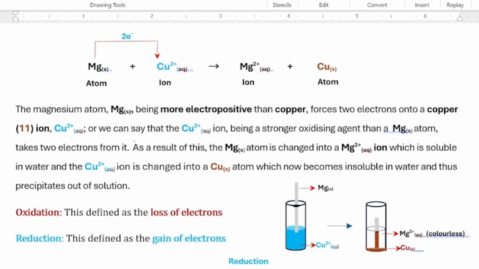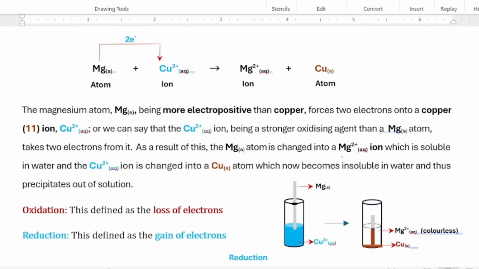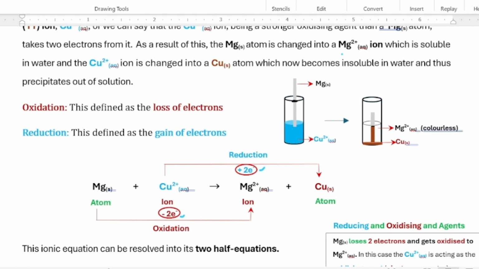Or we can say that the copper-2 ion, being a stronger oxidizing agent than a magnesium atom, takes 2 electrons away from it. As a result of this, the magnesium atom is changed into a magnesium ion, which is now soluble in water, and a copper-2 ion is changed into a copper atom, which now becomes insoluble in water and thus precipitates out of solution.